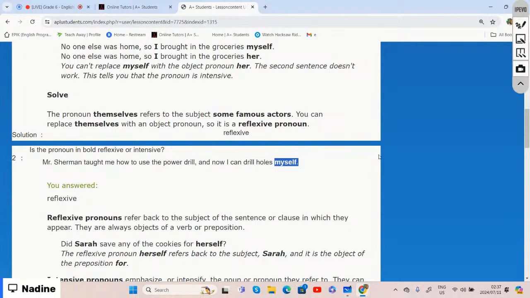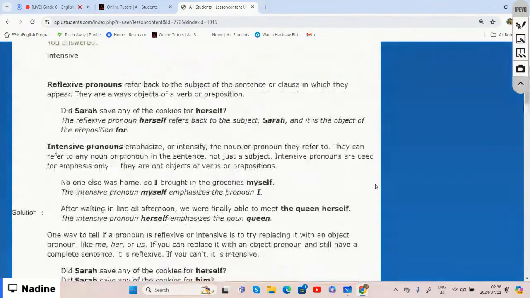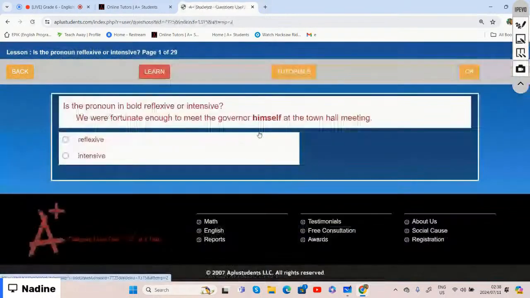All right, so we said this is an intensive pronoun because myself refers back to I. So it says, and now I can drill holes myself. All right, so now let's go to our test, where we are going to say, is the pronoun reflexive or is it intensive?